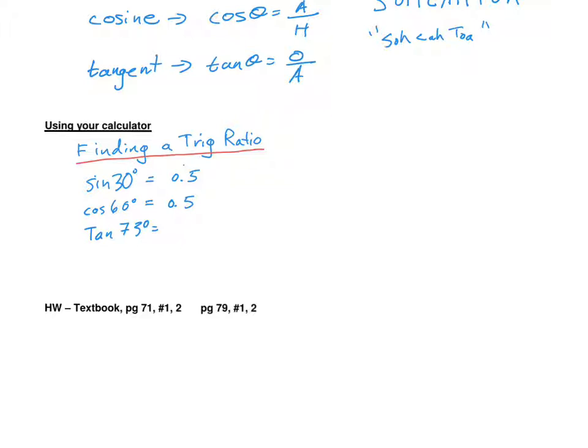But what I need is at least 4 decimal places. So 3.2709. This part is what is most important for our calculations. So if I ever ask you for, say, sine of 30 degrees, you're going to get 0.5.